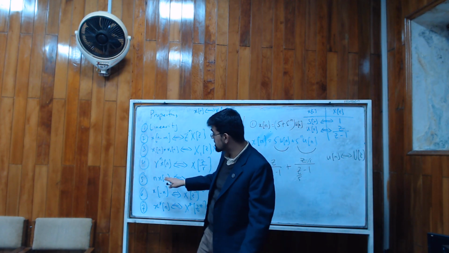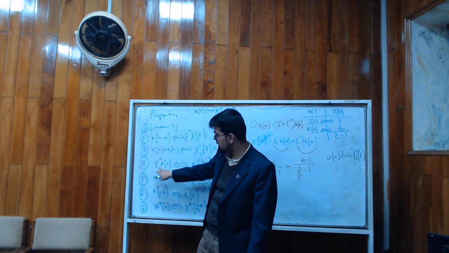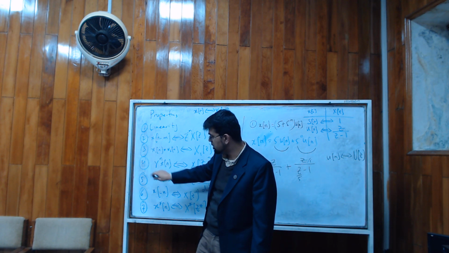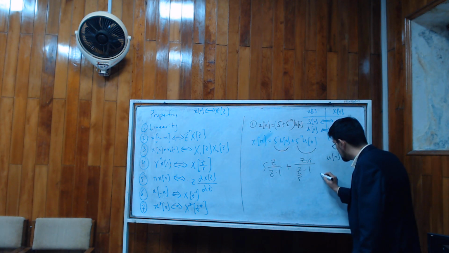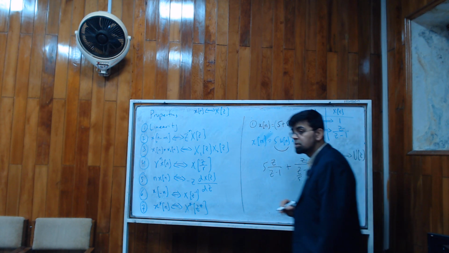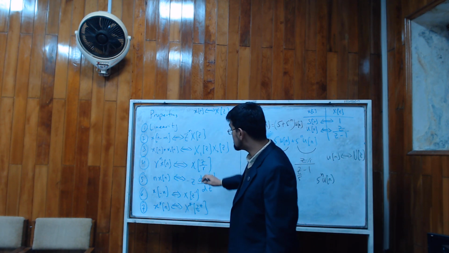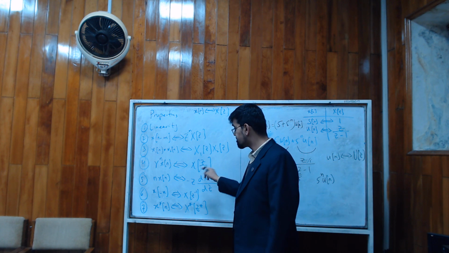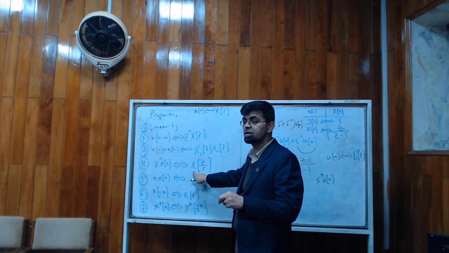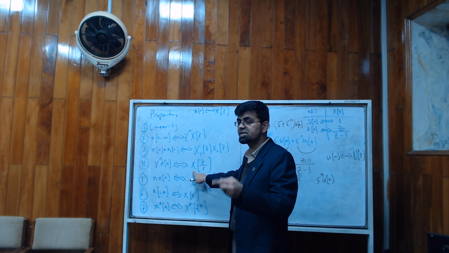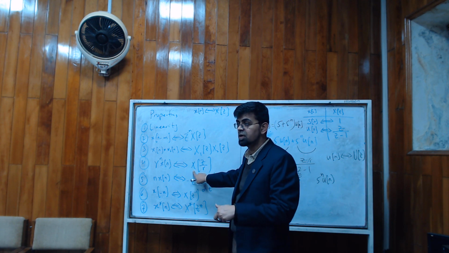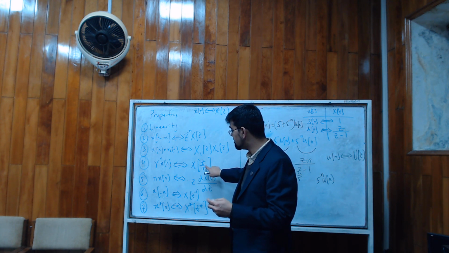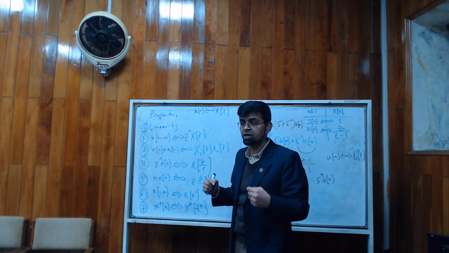The property says if you multiply any function x(n) with an exponential, which you are doing now, making it 5n un, then in the frequency domain X(z) is replaced by X(z over gamma). First you identify gamma, it's 5. So X(z) will be replaced by X(z over 5).